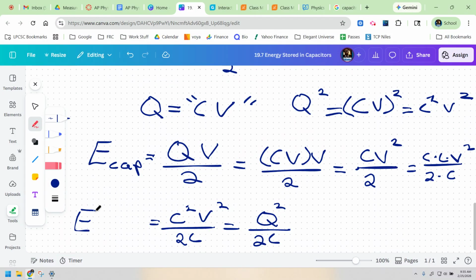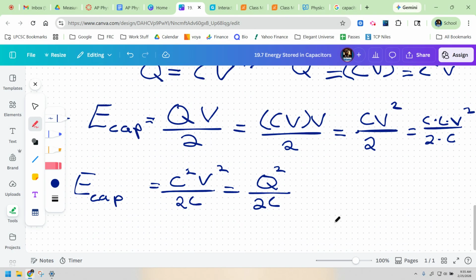So another way that we could calculate the energy stored in a capacitor is we have the charge Q squared divided by 2 times the capacitance of the capacitor, right?